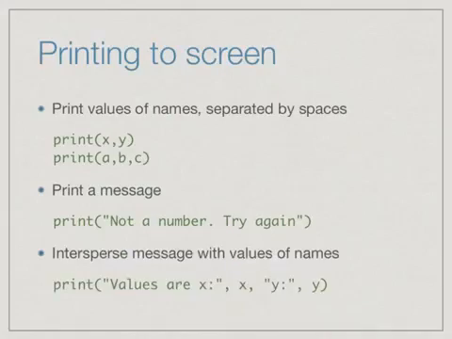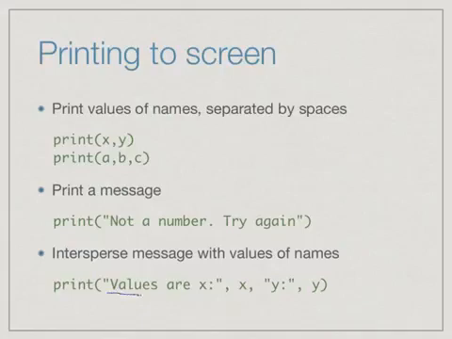Now you can combine these two things in interesting ways. So print takes in general a sequence of things of arbitrary length separated by commas. So these things could be either messages or names. Supposing we want to print the value of x and y, but we want to indicate in the output which is x and which is y. So instead of saying just print x comma y, which produces two values on the screen with no indication as to which is x and which is y, we could have this more elaborate print statement which prints four things.